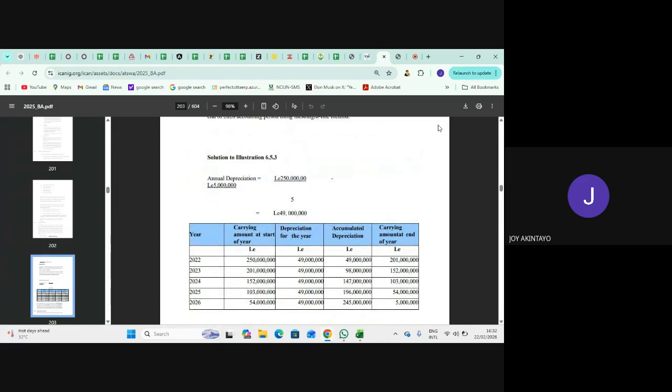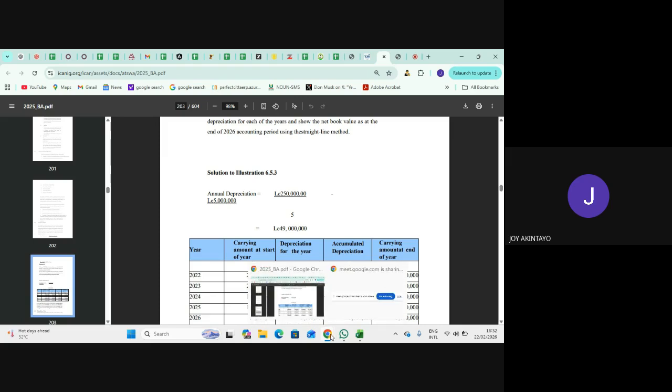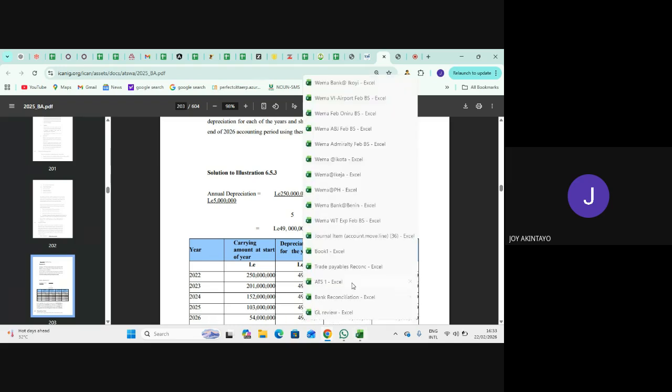Okay, this is what we are being asked to do. But it's fine, no method, we can use any of the methods. Are we together? So this is what you are being asked to do: 2022, 2023, 2024, 2025, 2026. But let's do the one we are doing first. Let's finish.